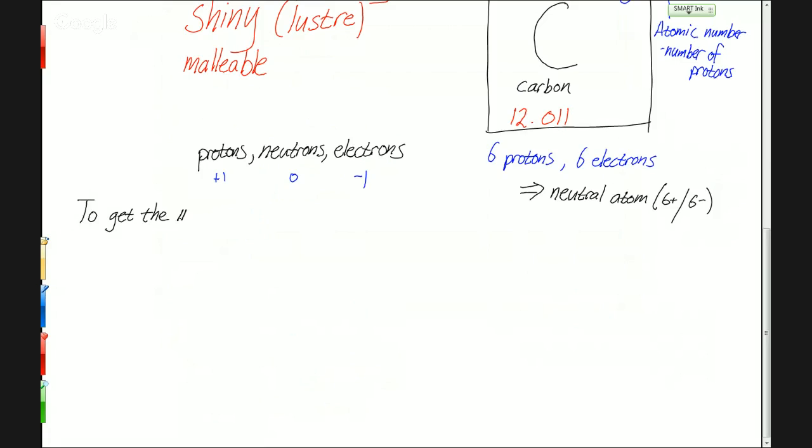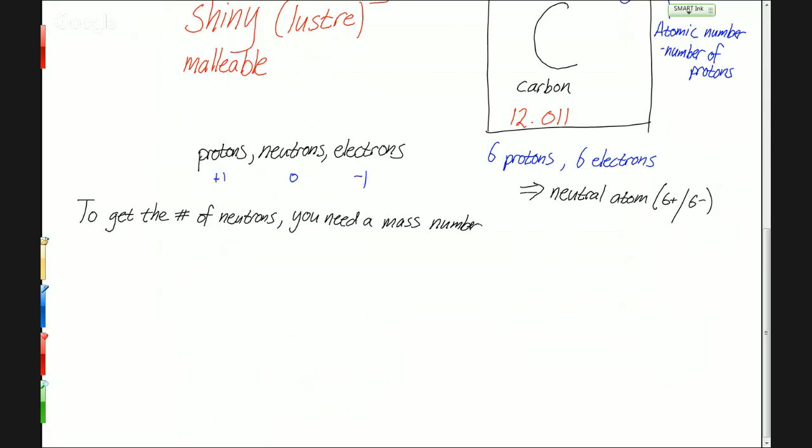So to get the number of neutrons, you need a mass number. And the mass number is the neutrons and the protons.